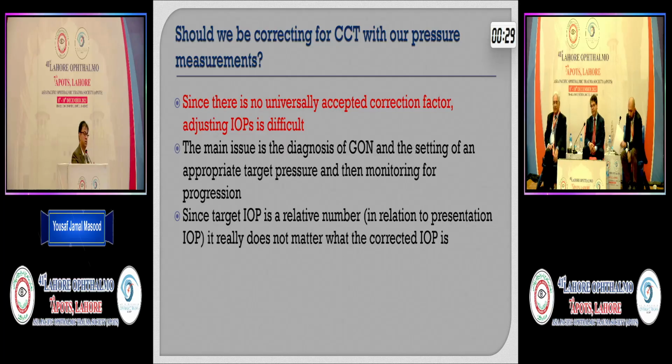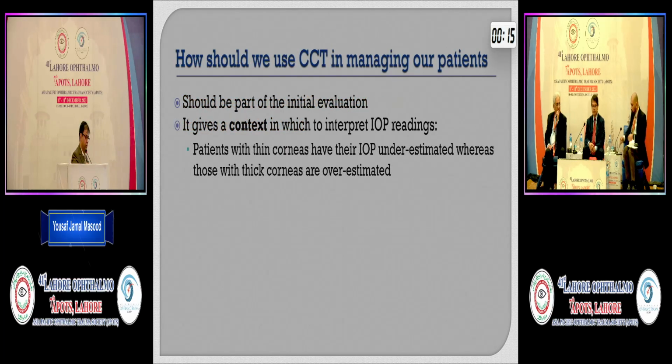If there is more than 100 microns of difference in CCT, there is a 2 to 6 millimeter of mercury difference between the recorded IOP and the actual IOP. So how should we be using CCT? As a part of initial investigation it should be done, but in follow-ups, since the target IOP is a dynamic factor, we should adjust the target IOP according to the progression of the glaucoma.